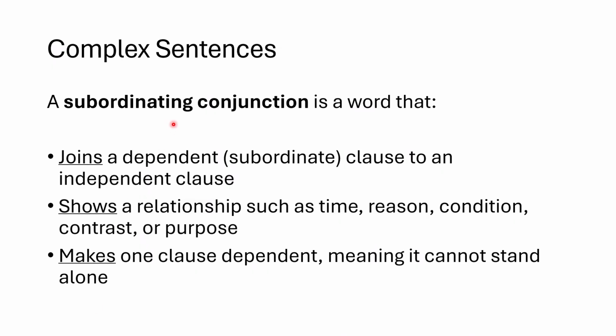A subordinating conjunction is a word that joins a dependent subordinate clause to an independent clause, shows a relationship such as time, reason, condition, contrast, or purpose, and makes one clause dependent, meaning it cannot stand alone.